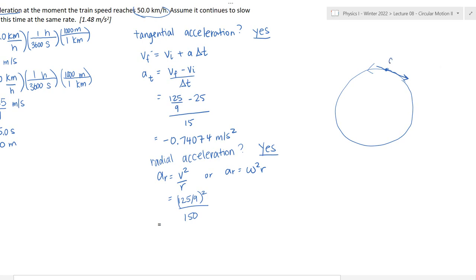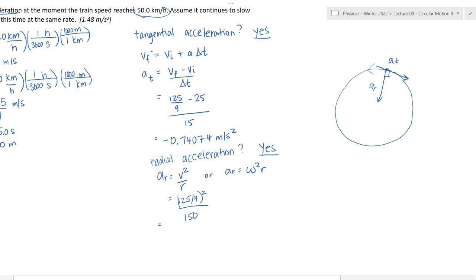So this is the tangential acceleration. And the radial acceleration is going towards the center of the circular path. So this is the radial acceleration. Notice that the tangent line to the circle and the radius are always perpendicular.